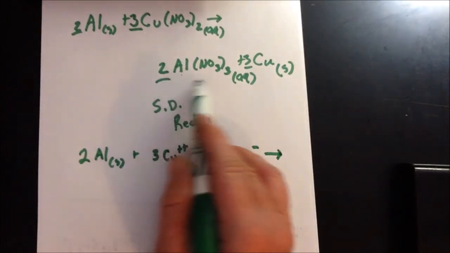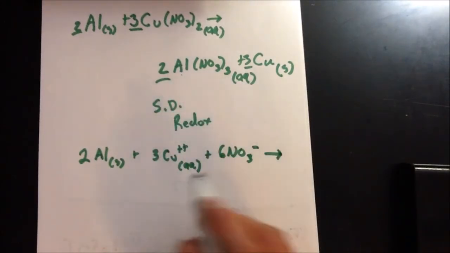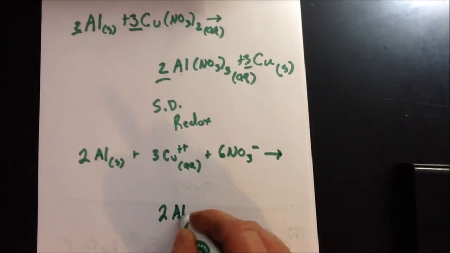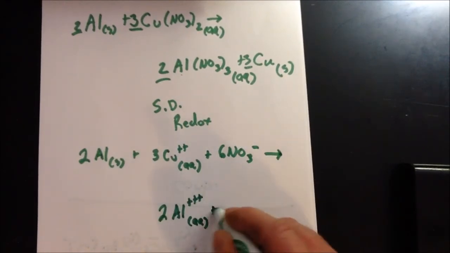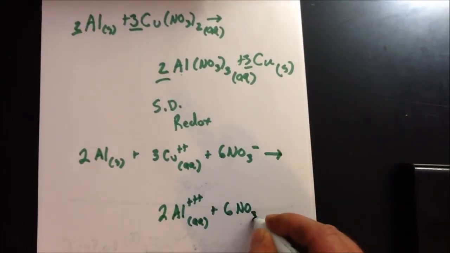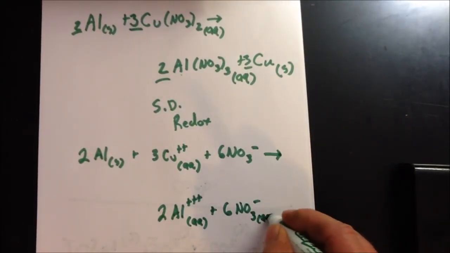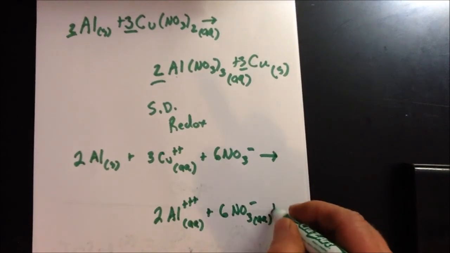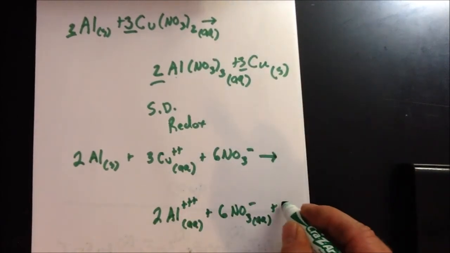I've got 2 aluminum nitrates, but we said those are also aqueous, so that's going to be 2 aluminum 3 plus aqueous ions, and again 3 times 2, 6 nitrate aqueous ions, and then lastly 3 solid coppers.